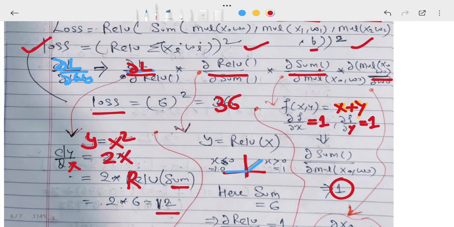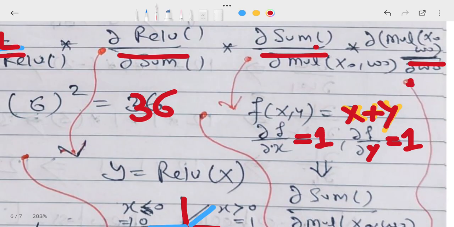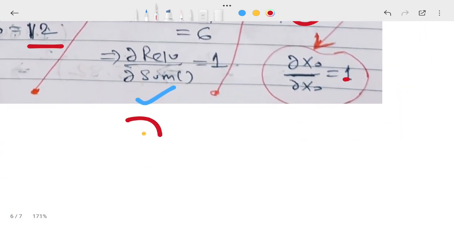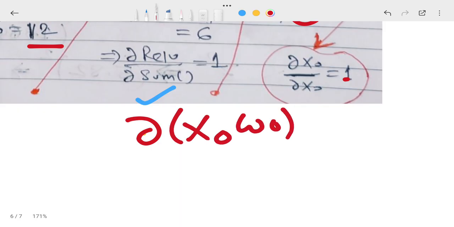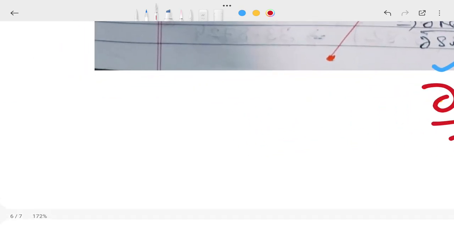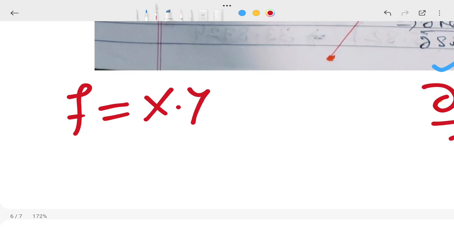At last, this is very important: dmul upon dw0. Now listen here. Suppose you have a function with two variables x0 and w0, and you want to differentiate this with respect to w0. You will get x0, 100%. Very simple. Suppose you have f is equal to x into y, and I want to differentiate f upon dx.